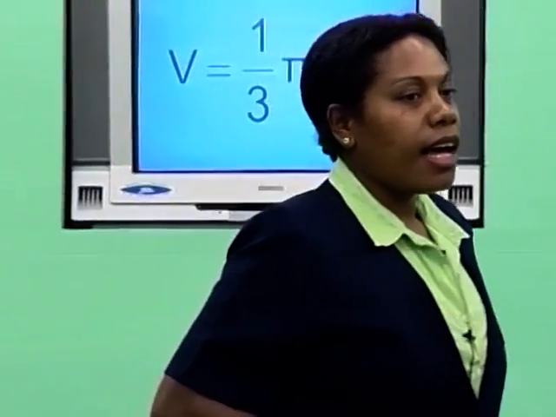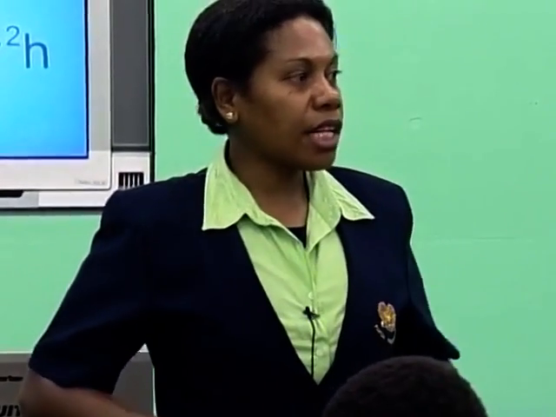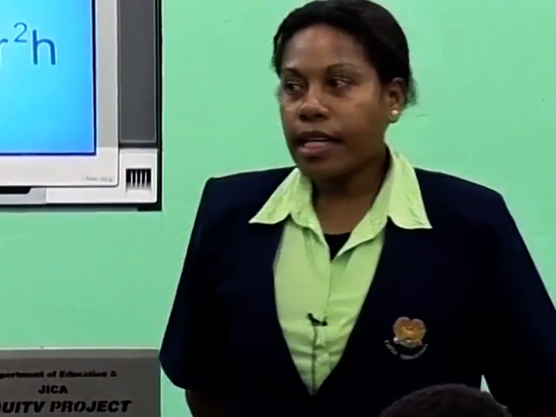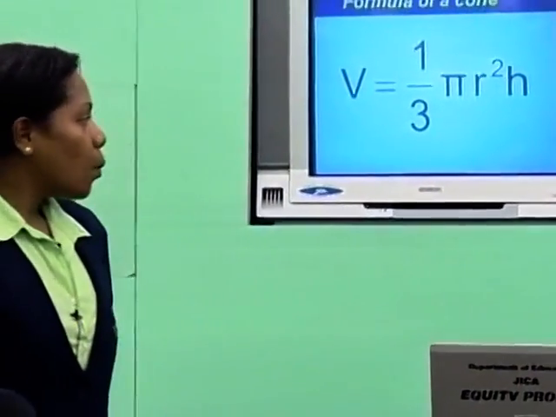Volume equals 1/3 times area times height, equals 1/3 times pi r squared times height. Thank you, Ella. Volume is equal to 1/3 pi r squared h, or 1/3 times pi r squared times the height.